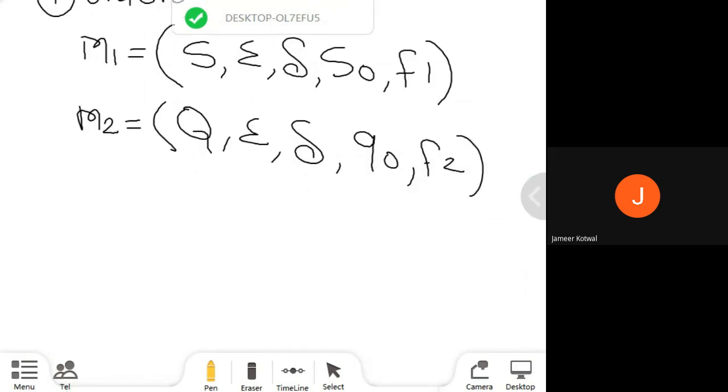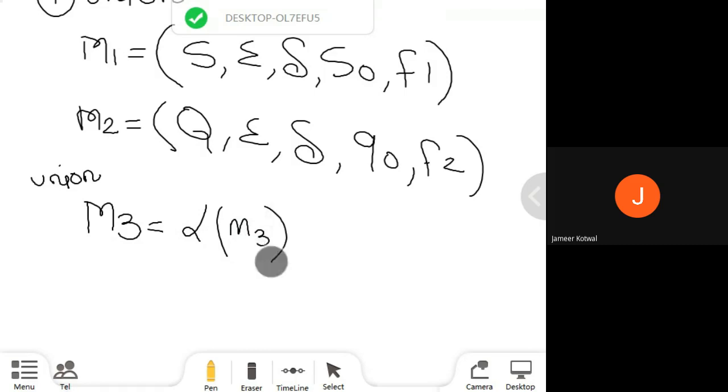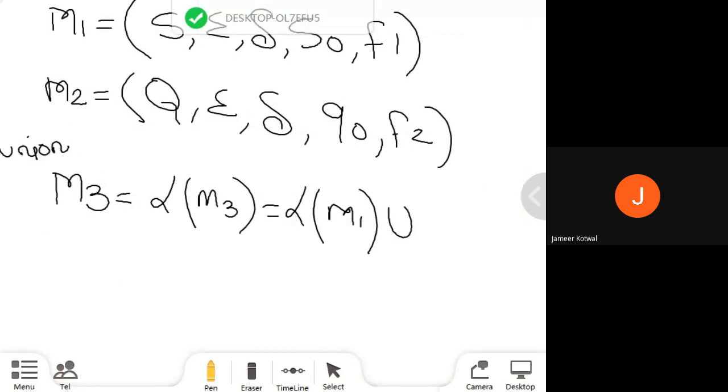So first, what does the union say? How do we derive a machine M3? For deriving a machine M3 for a union, it says that the language of machine M3 is equal to the language of machine M1 union the language of machine M2.